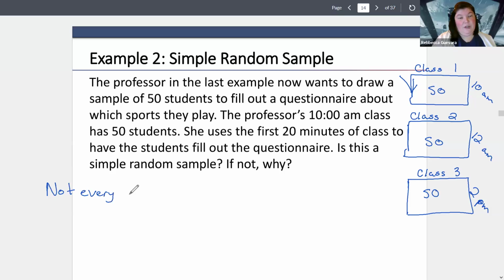So not every group of 50 students has an equal chance of being selected.